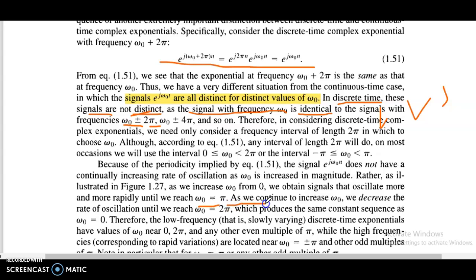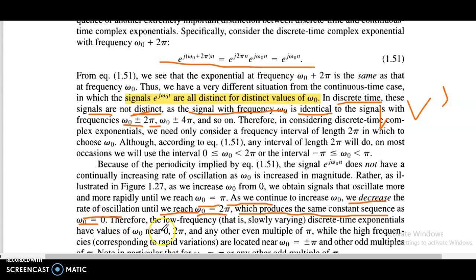Then, as we continue to increase ω₀, we decrease the rate of oscillation until we reach ω₀ equal to 2π, which produces the same constant sequence as ω₀ equal to 0.